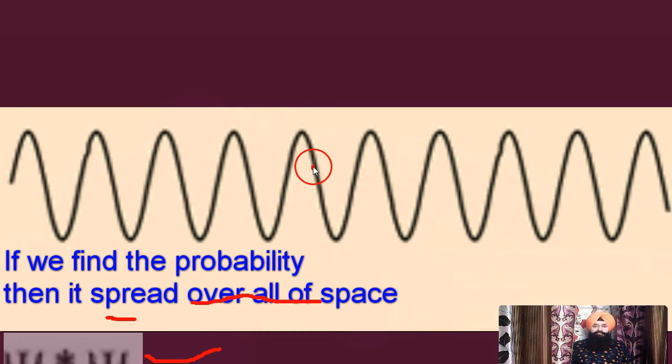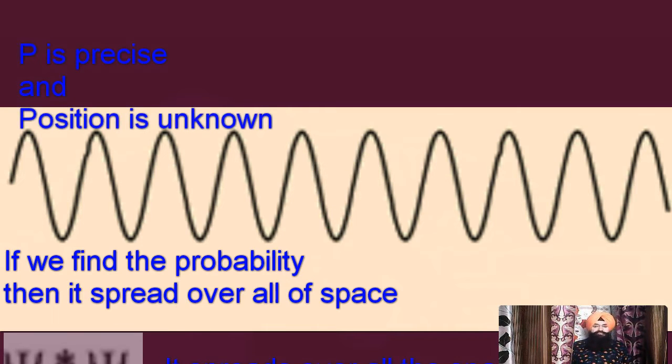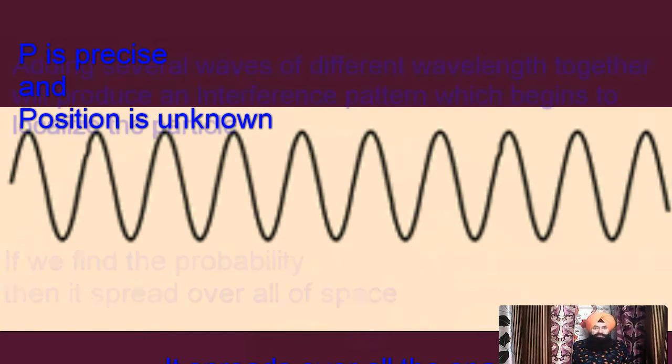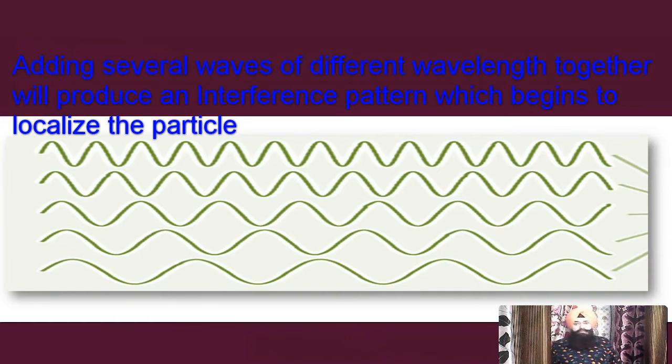But momentum has a unique value in this case. So delta P is certain, but delta X is totally uncertain, right? Now, adding several waves of different wavelengths together will produce an interference pattern which begins to localize the particle.